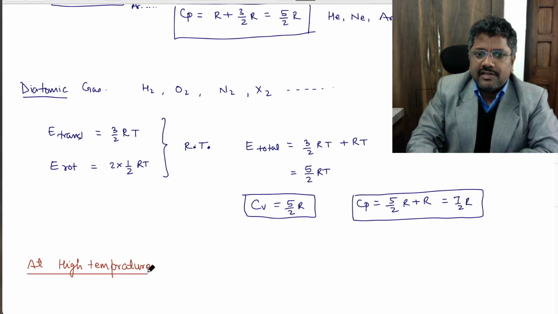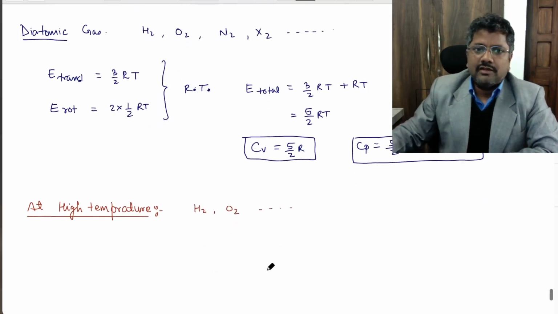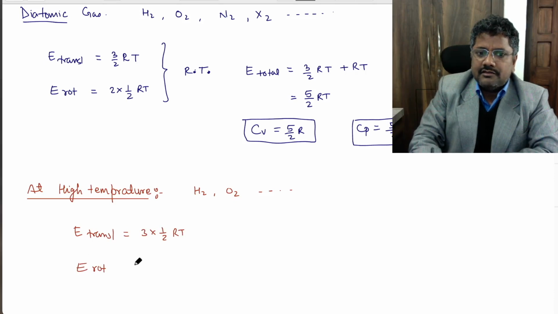So when vibration is also included, for diatomic gases like hydrogen, oxygen, etc., how to calculate? E translational is equal to 3 into 1 by 2 RT. E rotational is equal to 2 into 1 by 2 RT.